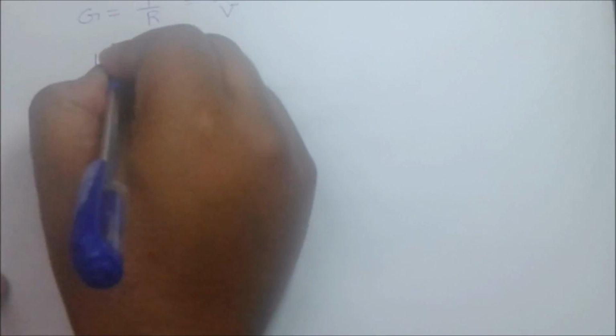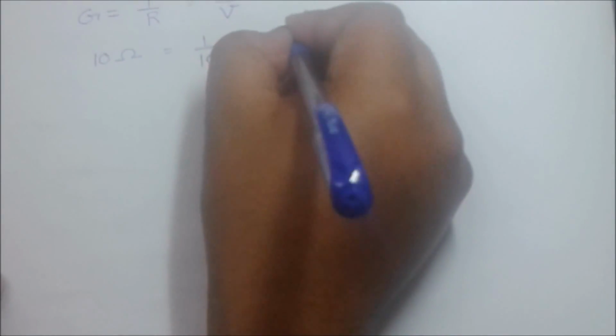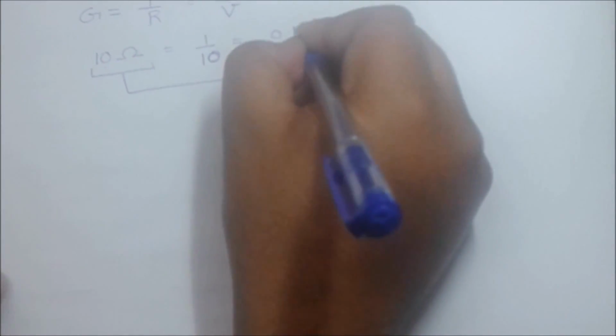So any resistance can be expressed in terms of conductance. Suppose a resistance is of 10 ohm, so we simply invert this resistance, we get conductance. Unit of conductance is Siemens, denoted by symbol S. So if resistance is 10 ohm, then conductance is 0.1 Siemens.